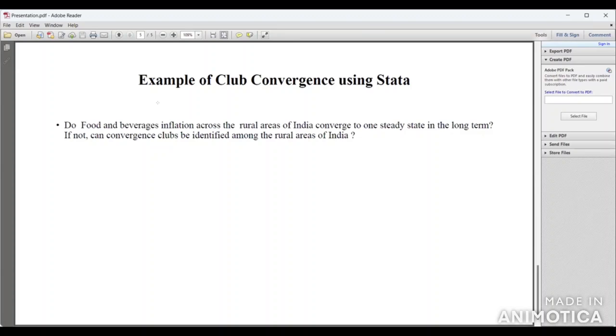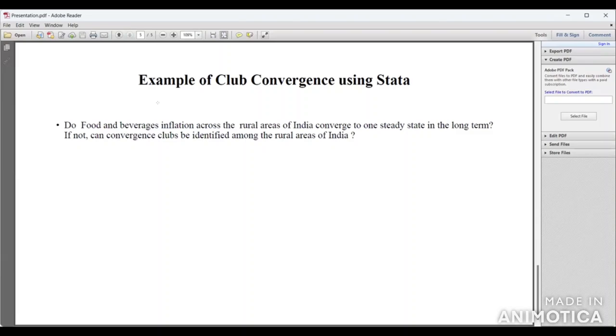Now, for this STATA example, I am interested in understanding the rural areas. There has been much talk in the town that some states are showing high rural inflation, others very low inflation. I am trying to understand whether the food and beverage inflation across the rural areas of India is converging or not, and if not, whether some clubs are getting formed.